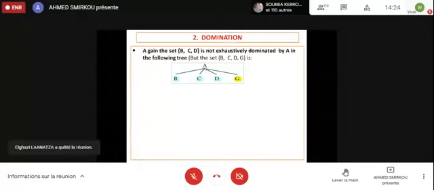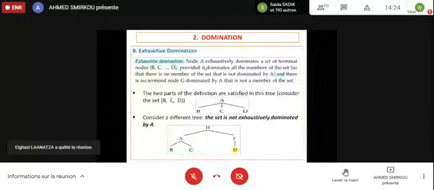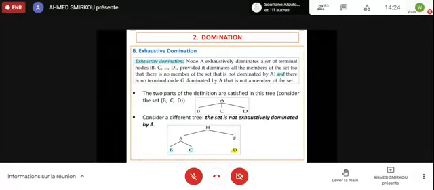Okay, now let's read the second part of the definition again. The first part of the definition is this one: one member of the set is not dominated by the same node as B and C. This is very clear. The second part of the definition says there is no terminal node G dominated by A that is not a member of the set.